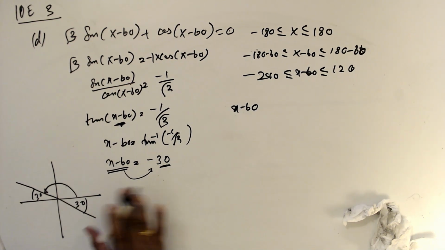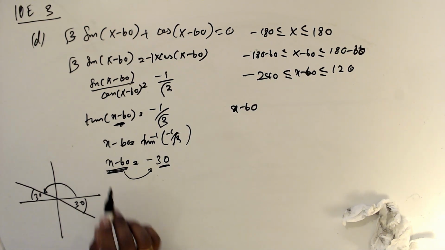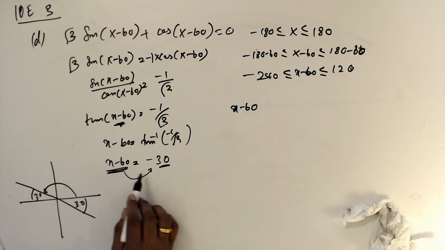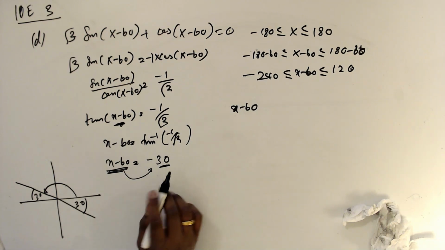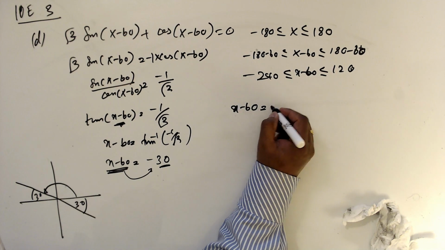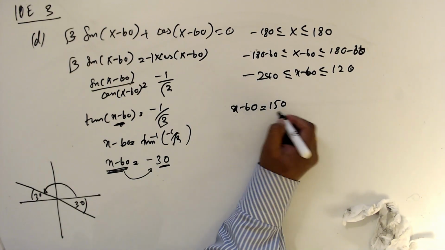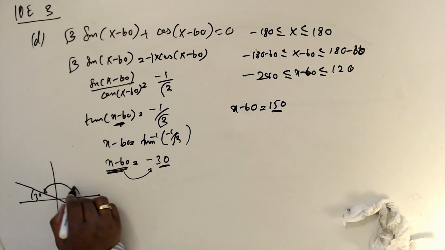If you are not sure, I will work out both ways. You have to leave it until the last minute. So now x − 60 equal 150, which is out of range. Then the second one is also out of range.